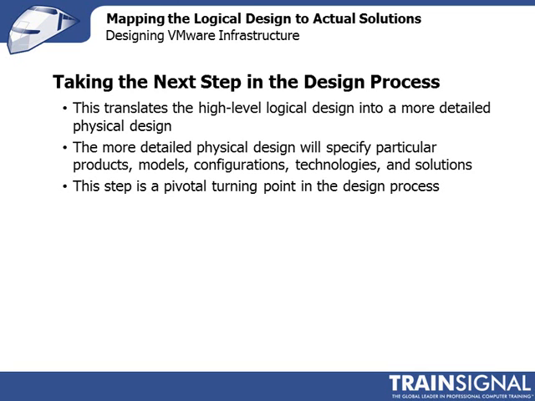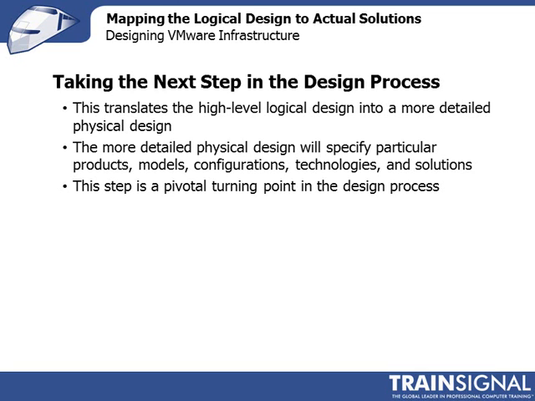But in order for us to build an actual VMware infrastructure design, we're going to have to select actual products, actual technologies, actual configurations. And now we're going to take what we've done with the requirements and the risks and the assumptions and the constraints. Now we're going to take what we've created with the design factors, and we're going to begin to map these requirements and these design factors and the logical design that resulted from them onto actual solutions.